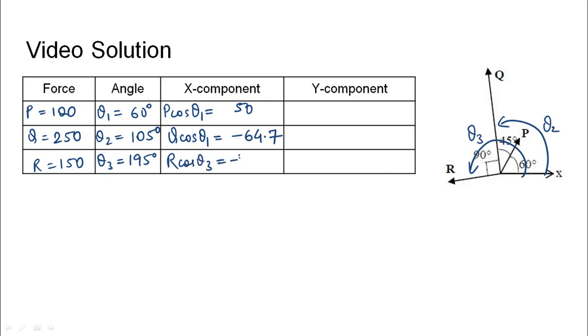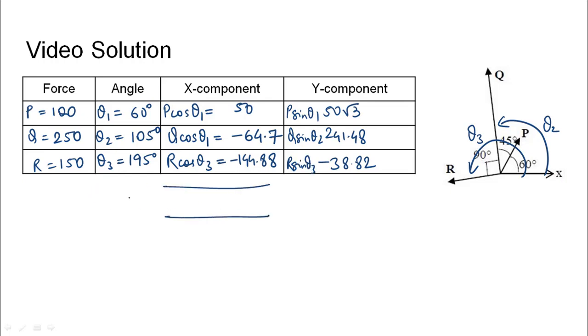This value would be minus 144.88. The y components would be 50 root 3, 241.48 and minus 38.82 respectively for P sin theta1, Q sin theta2 and R sin theta3.